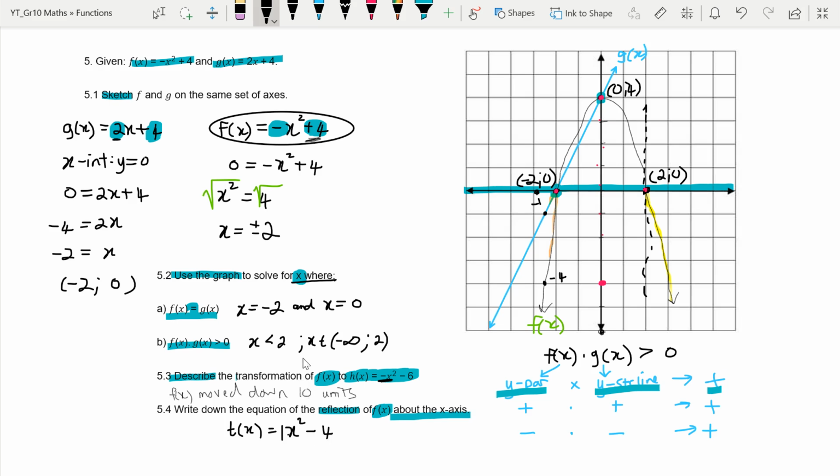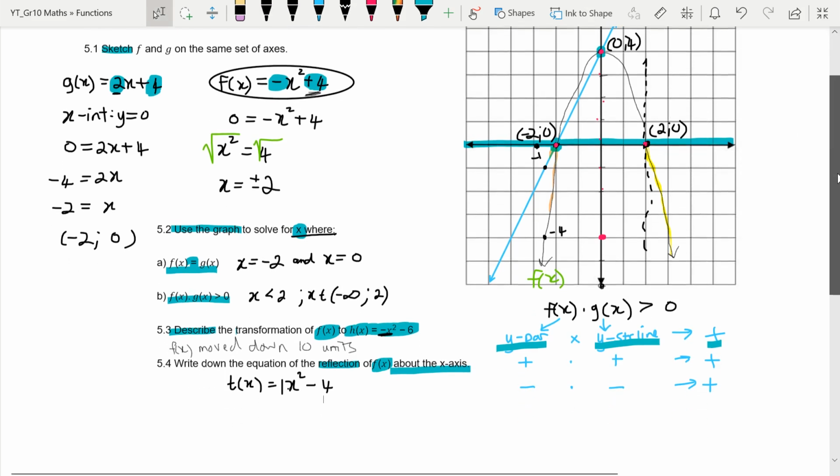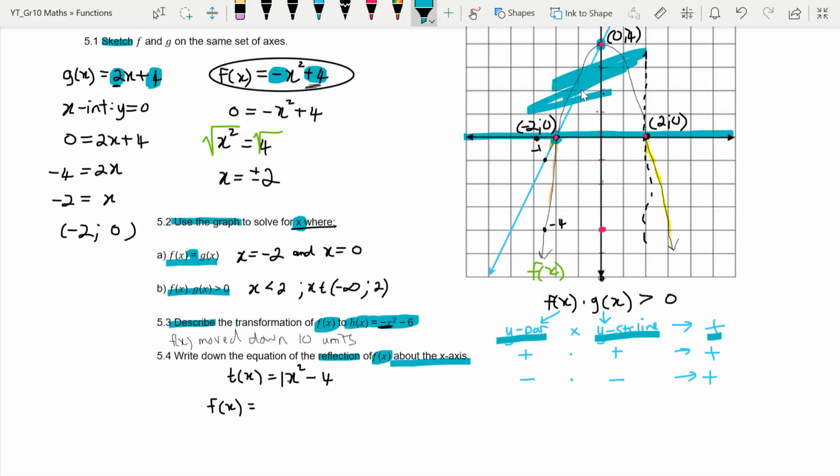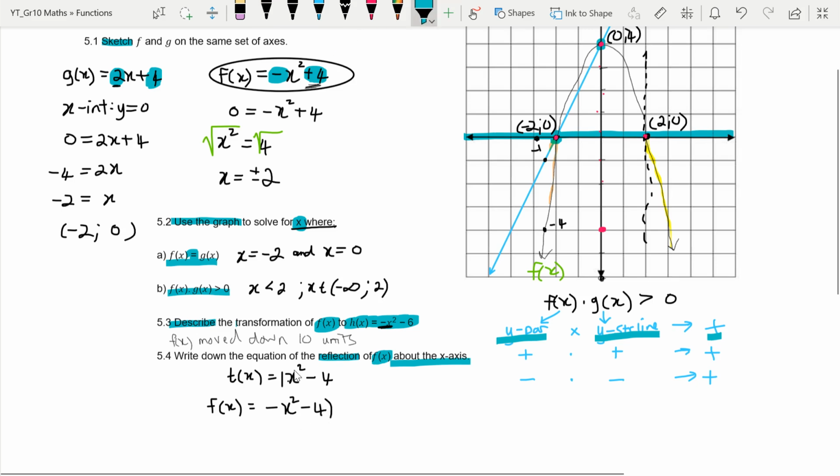We can also look at it like this and say that for f of x, every single y value that used to be positive will now be negative. That's just saying it in a different way. So that means that our f of x needs to be multiplied by a negative, because this is my y, and my y's will be multiplied by a negative.